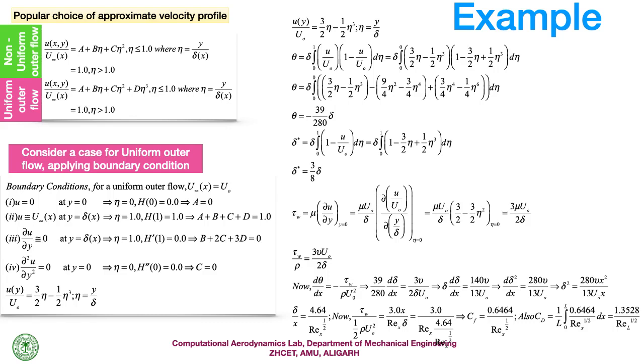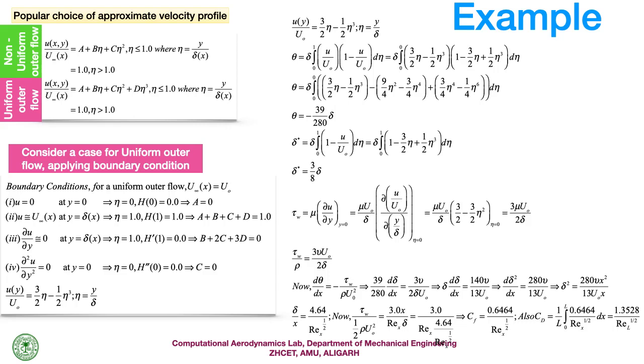This gives you a prediction of how the boundary layer thickness is going to vary with x. Now if I substitute this delta variation back into the wall shear stress relationship, I can get the relationship for the skin friction, that is 0.646 Rex raised to the power minus half.